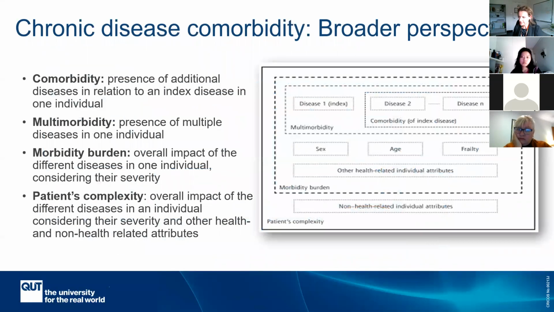So basically what we end up with is this sort of broader perspective that it's really important as nurses that we consider. So we're not just talking about diseases and what's actually causing them in the person, but we're actually also talking as nurses about the impact of those diseases on the person and their family or their community.